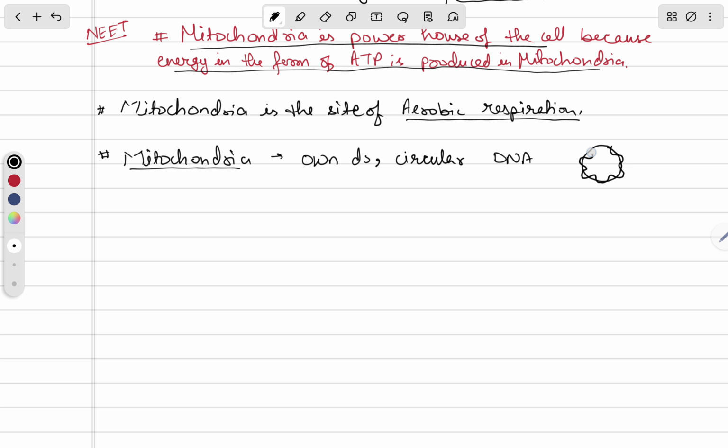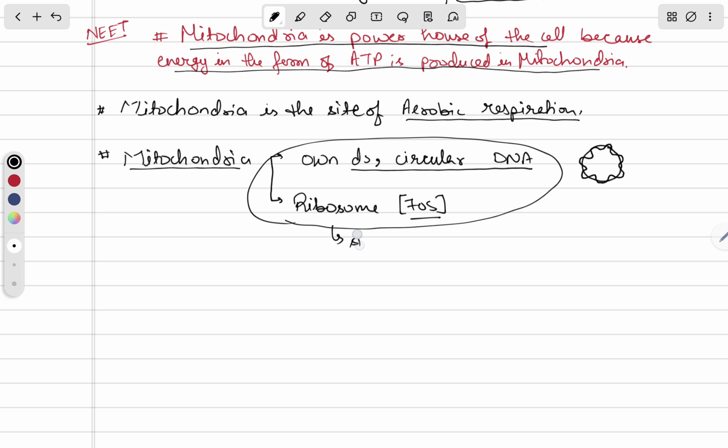A single double-stranded circular DNA is present in mitochondria. That is a feature of a prokaryotic cell. Apart from this DNA, they have their own ribosomes for protein synthesis, and the type of ribosome present in mitochondria is 70S.